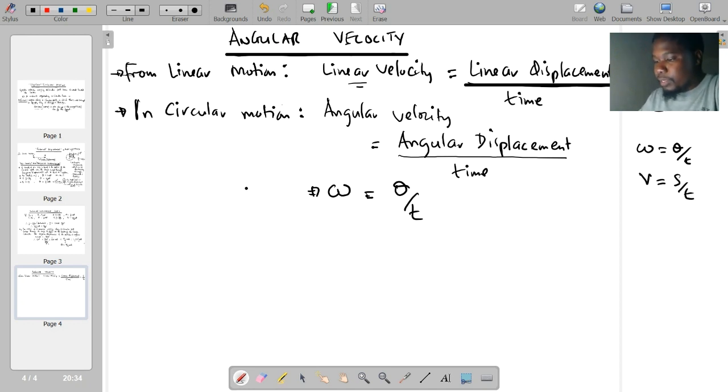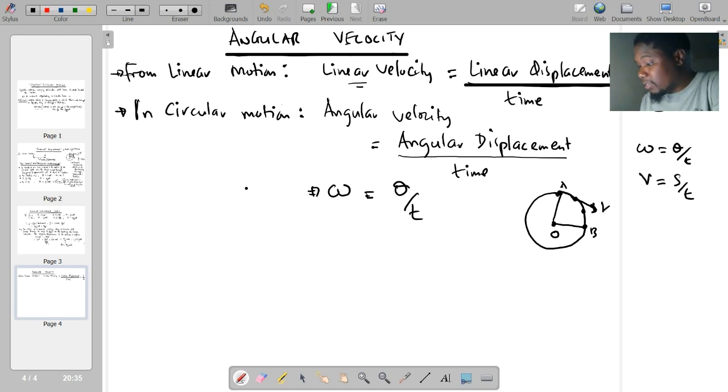Now I want us to look at something before we continue. When I talk about circular motion, this is the center, and we displace from A to B. Let's take a particle moving from there, then it's found there, then ends up at B. At each point, the linear velocity is tangent to the circular path, always a straight line, v.